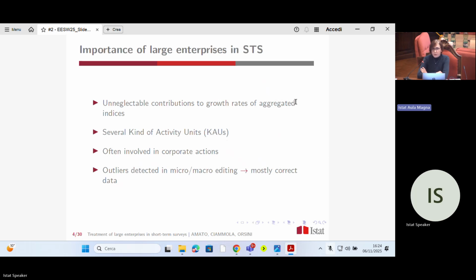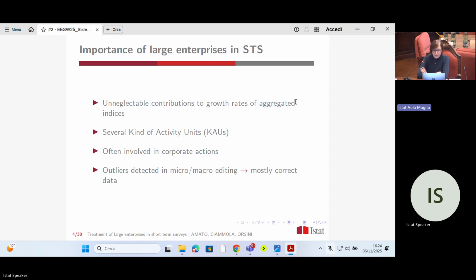But there are also other factors, such as the fact that large enterprises often work on 2 or more niche sectors, and this means that several kinds of activity units have to be managed in the activity of the surveys.